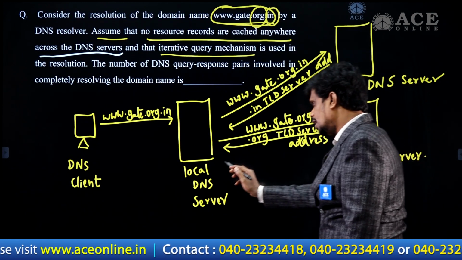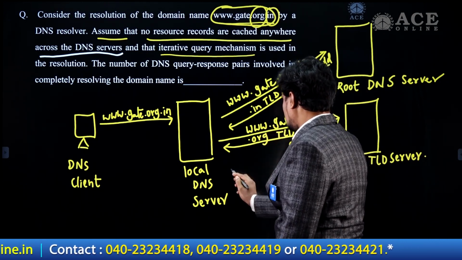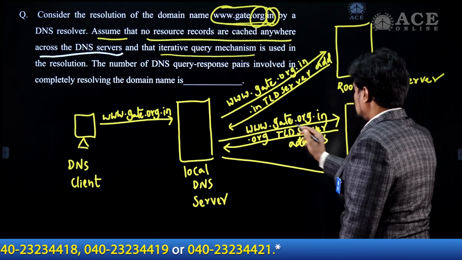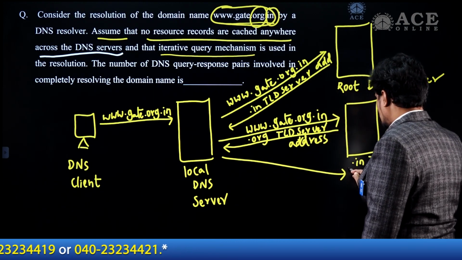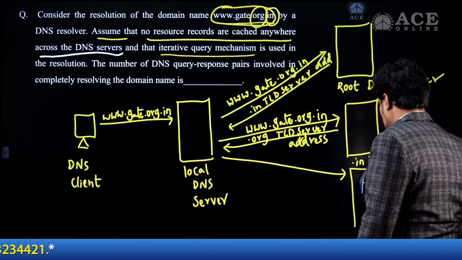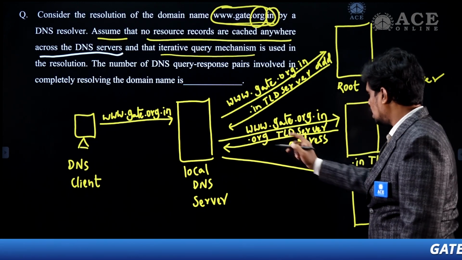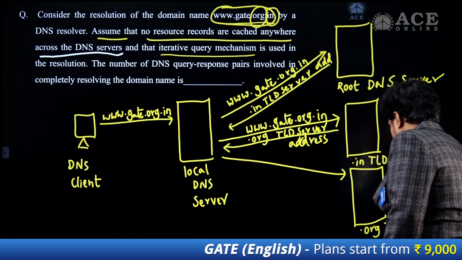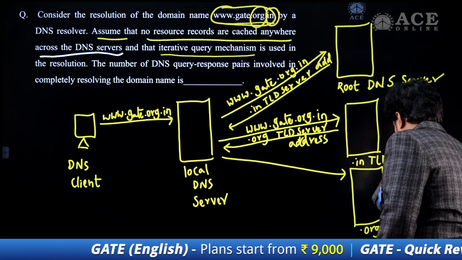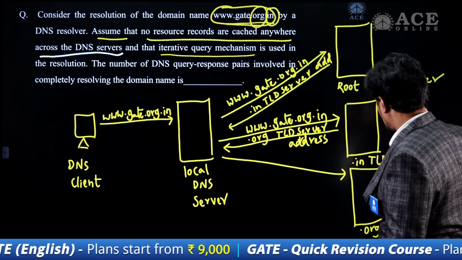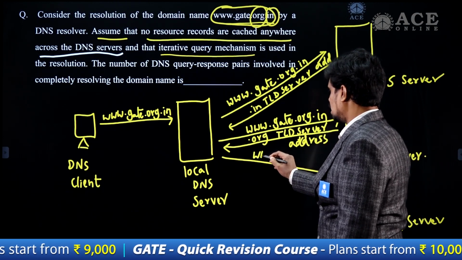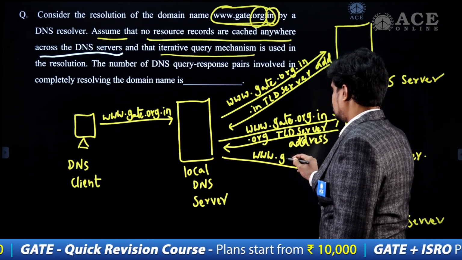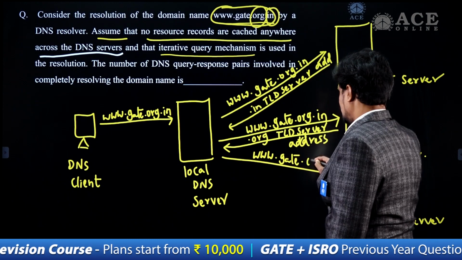Now this local DNS server will forward the same www.get.org.in URL request to this .org TLD server. So this is my .org TLD server, and to it this particular URL address is being forwarded by the local DNS server.